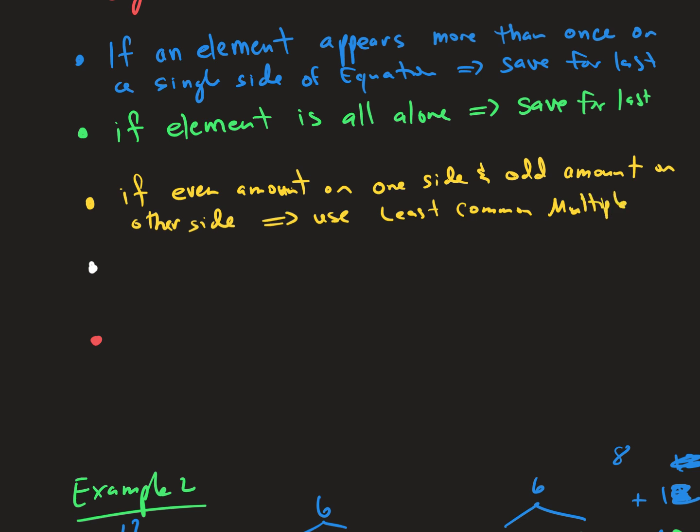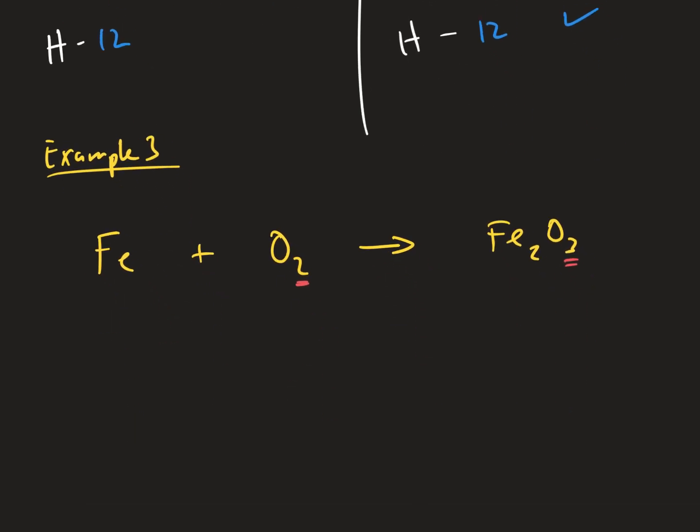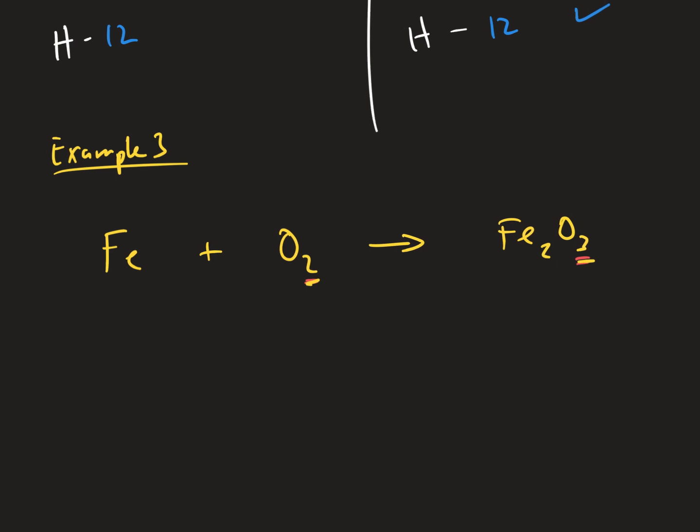You guys remember what least common multiple is? So what's the least common multiple of 2 and 3? Is that the right word, least common multiple?